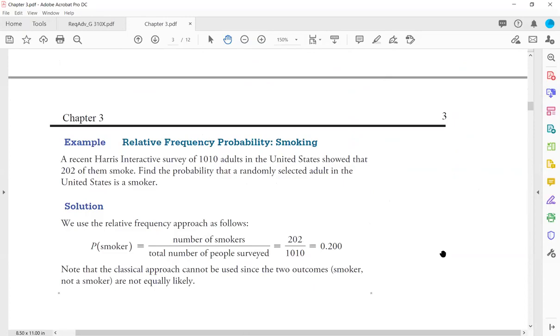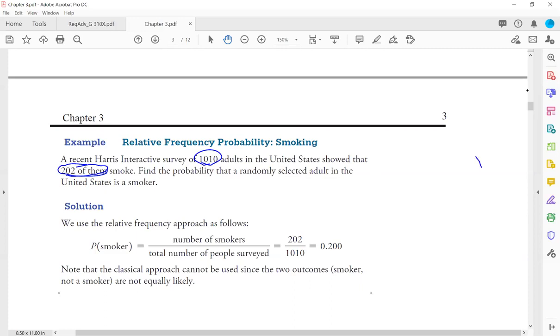A recent Harris Interactive survey of 1,010 adults, so in total you have 1,010 adults in the United States, showed that 202 of them smoke.